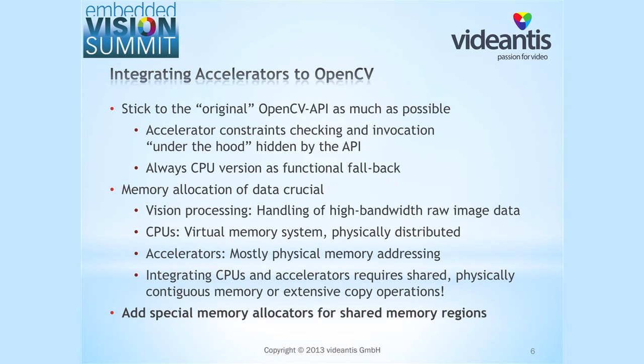Otherwise, we have to deal with extensive memory copy operations, and you don't want to do that in an embedded world. So what we did is we added special memory allocators for these shared memory regions. Basically, if you allocate a region of memory, it gives you physically contiguous memory. That means you can exchange data between the CPU and the accelerator, while at the same time also accessing this memory in a cached way from the CPU.